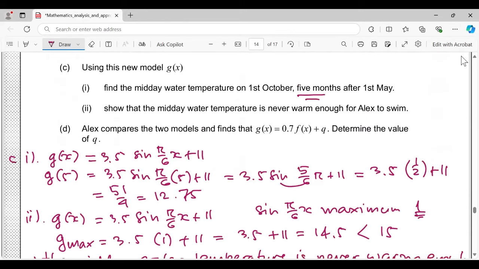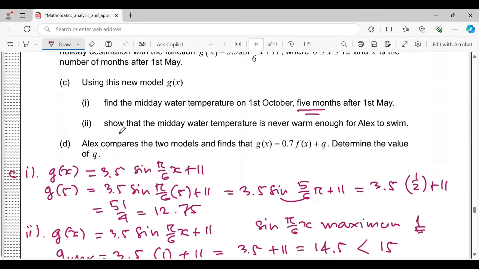What else? D. Alex compares the two models and finds that g(x) equals 0.7 f(x) plus q. Determine the value of q.